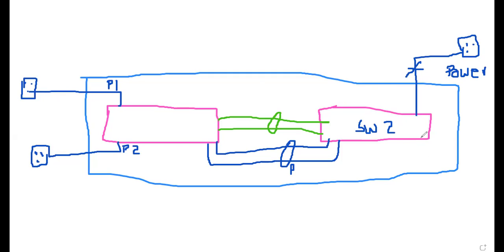So if a switch loses power for some reason, maybe the power goes down, or the cable goes down, or the power outlet has some issue, then the other switch will share its power to switch 2 via this specific cable, which is called power stacking. That's what we call RPS, redundant power supply.